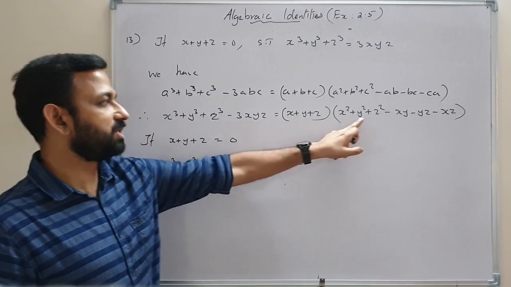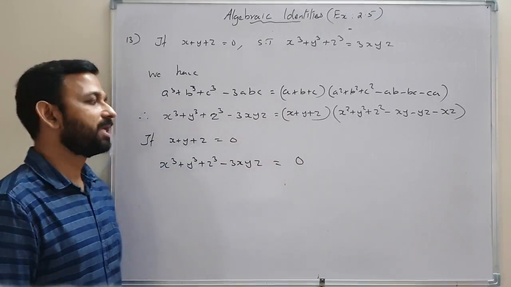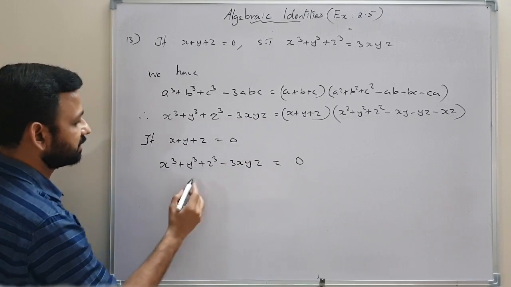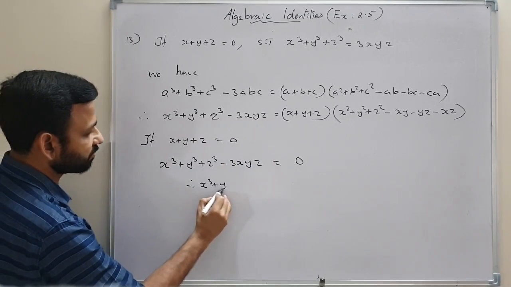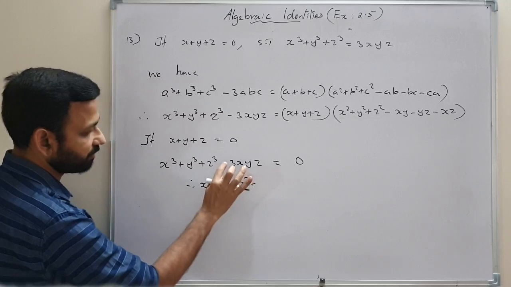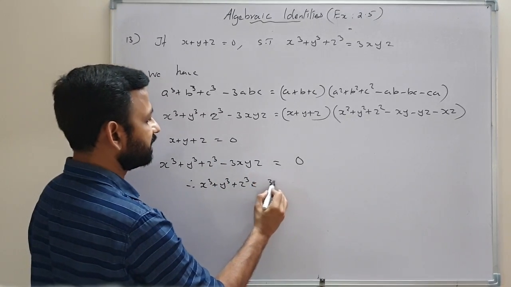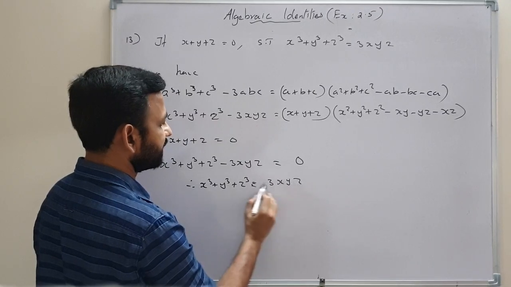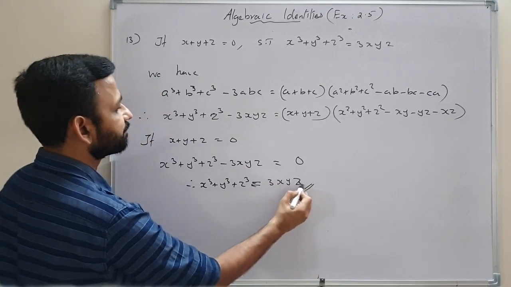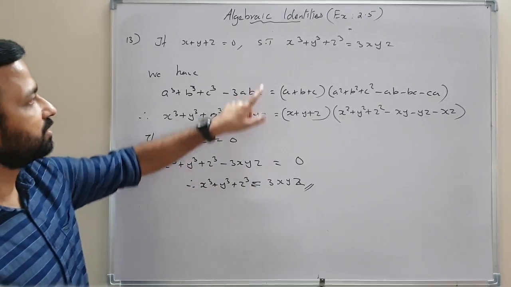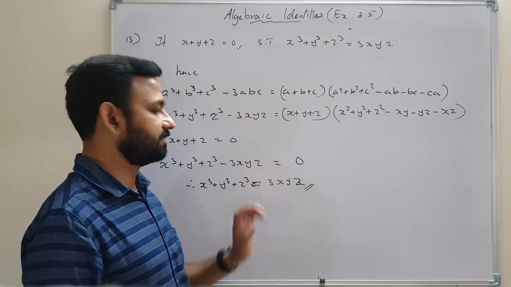So 0 into that expression will be 0. Now we can take minus 3xyz from left to right. Therefore, x cube plus y cube plus z cube equal to 3xyz. So we got the result.